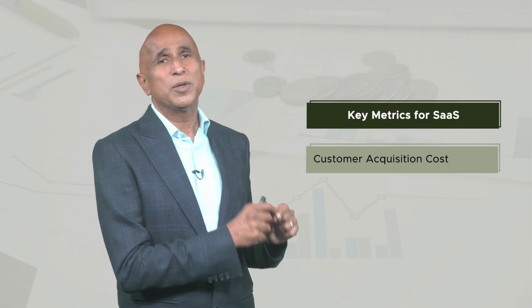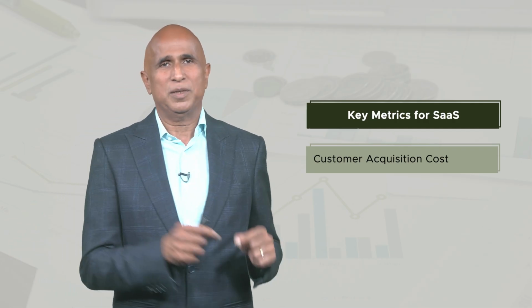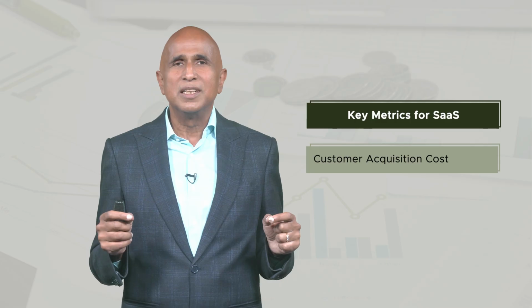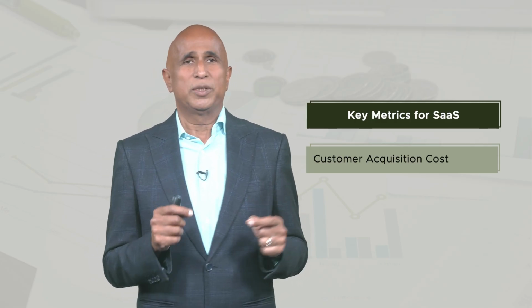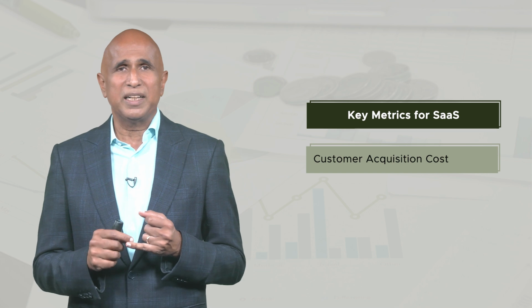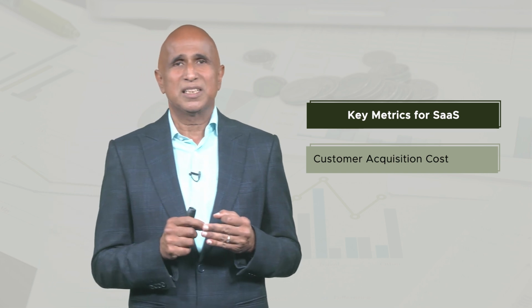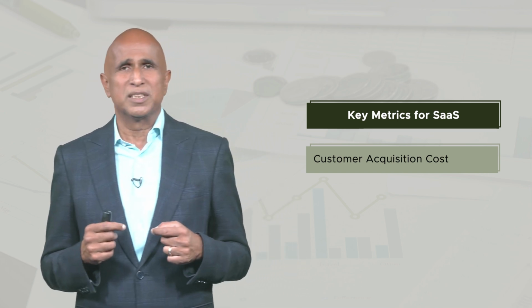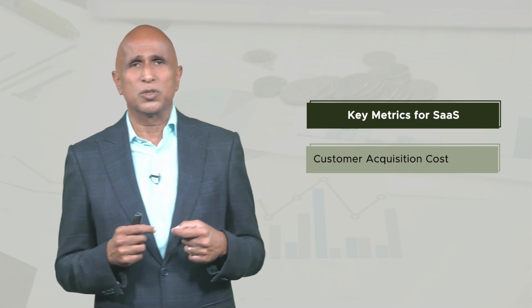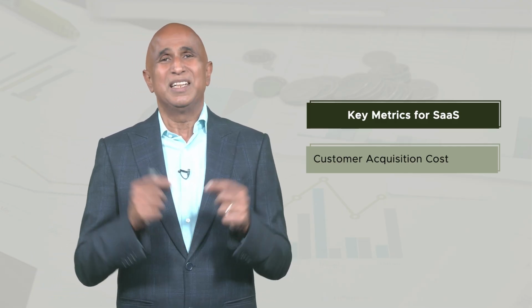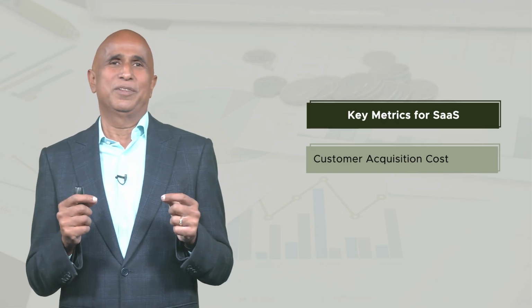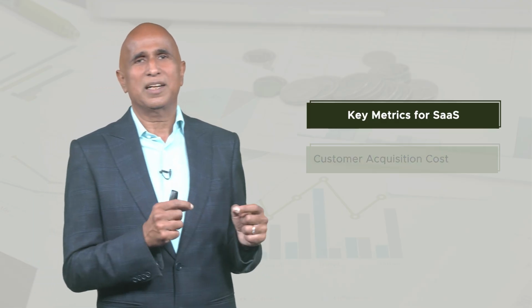The second is how much money you spend to acquire the customer. This is called customer acquisition cost, or CAC. For the cost of acquiring a new customer, you take all the costs you spend: marketing, advertising, sales, and even onboarding expenses, people who help the customer use the software. All of that comes under the total cost of acquiring the customer. Divide by the number of customers you have acquired, and that comes to CAC.